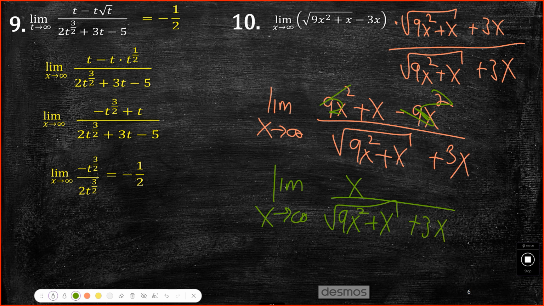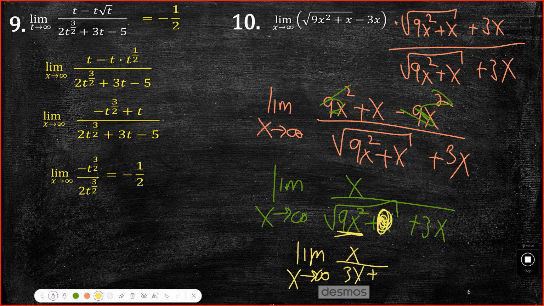Now, why is this going to work? I apply the same idea, that at infinity, x becomes arbitrarily small compared to this. So I am going to go ahead and do it now and say the limit as x approaches infinity of x over the square root of 9x squared, which at positive infinity will just be 3x.